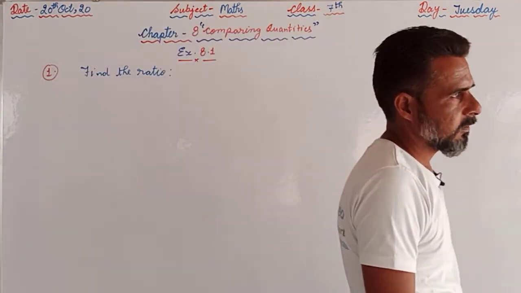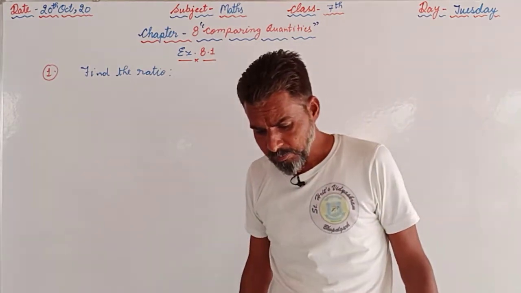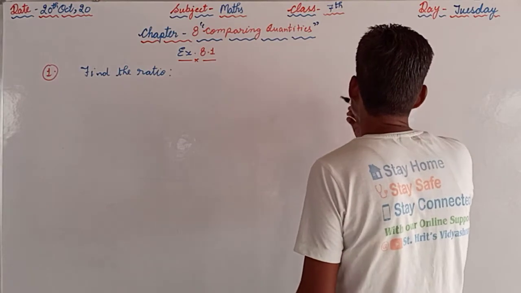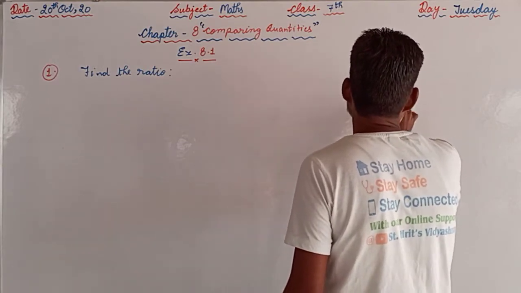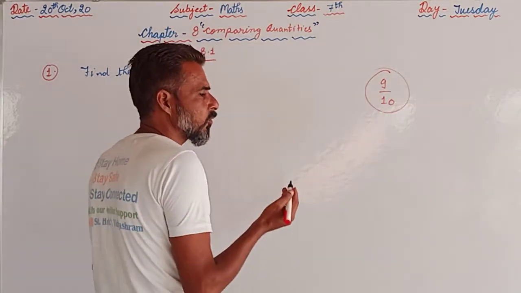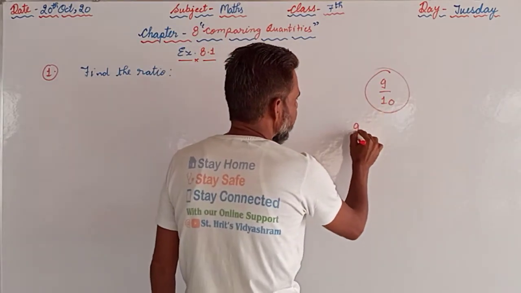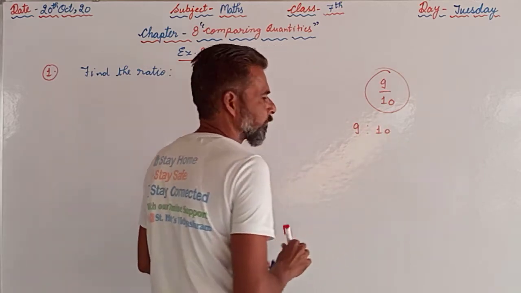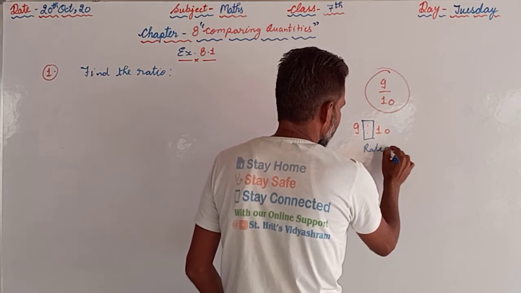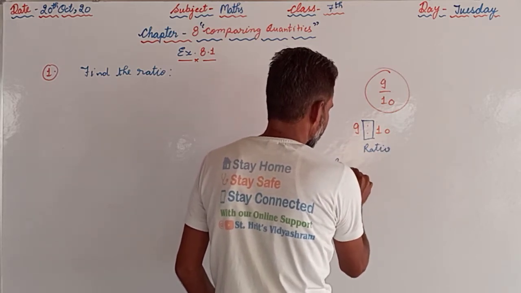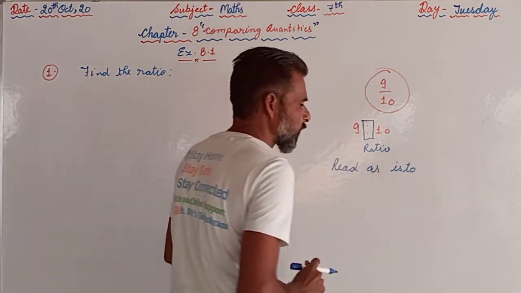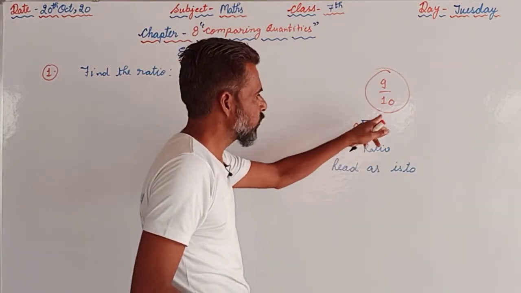As tests used to be conducted on a regular basis when you come to school, suppose one of the students got 9 out of 10, the marks have been assigned like this. So what is the ratio of the marks obtained? That is 9 is to 10. Now that sign is for ratio, and it is read as "is to", so 9 is to 10.